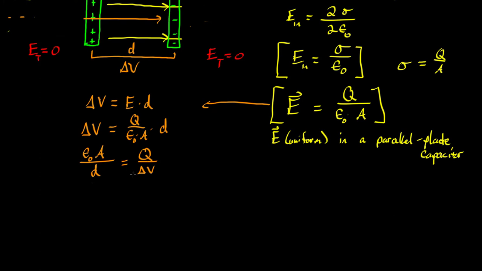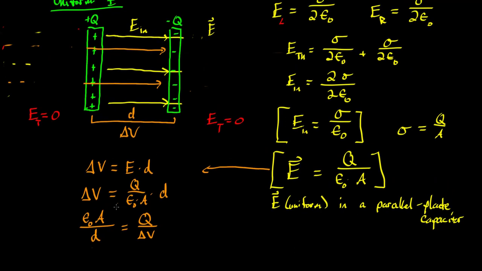So let's think about this. Okay, so what I did is I multiplied this over, brought this down, and then divided by D. That gave me this. So let's think about what this statement means. Basically, it's saying everything over here, if I hold it constant, so the area stays, in other words, I'm not changing the characteristics of this. I hold the area constant and I hold the plates the same distance away.